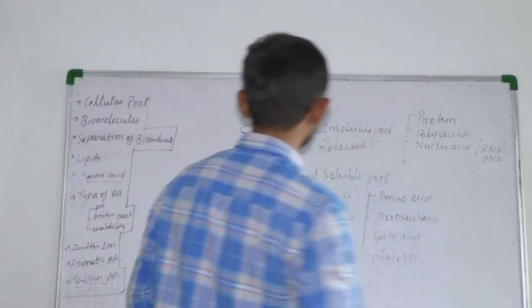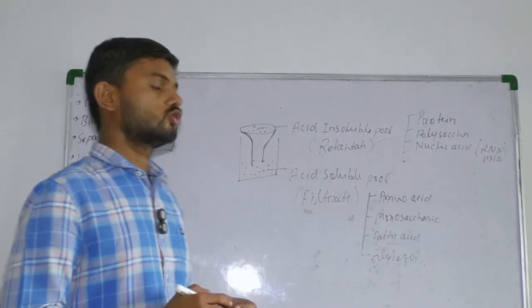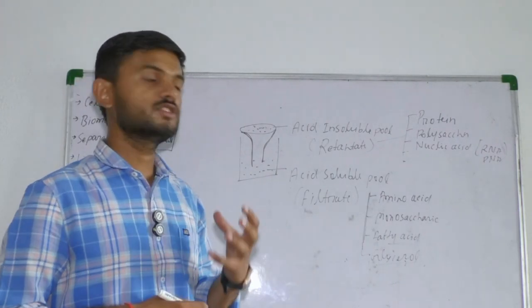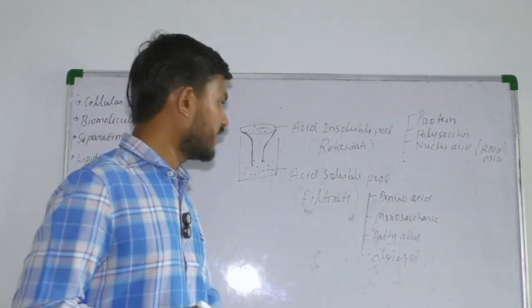In the acid soluble pool, small molecules are present, such as amino acids, simple monosaccharides, fatty acids and glycerols. So we can separate them on the basis of their molecular weight.